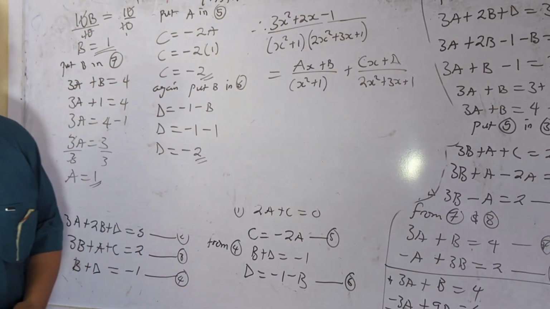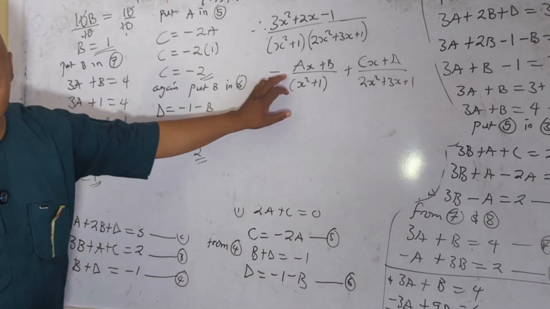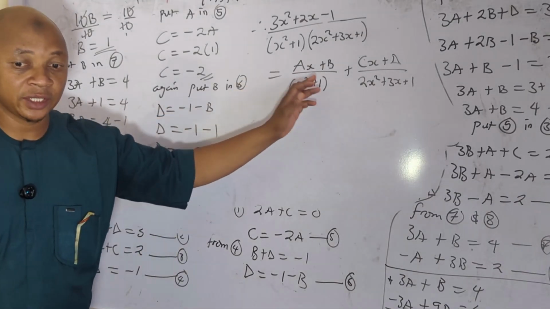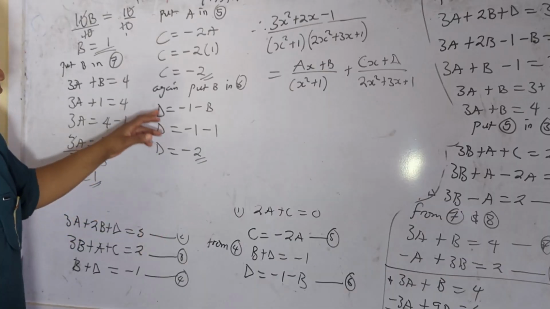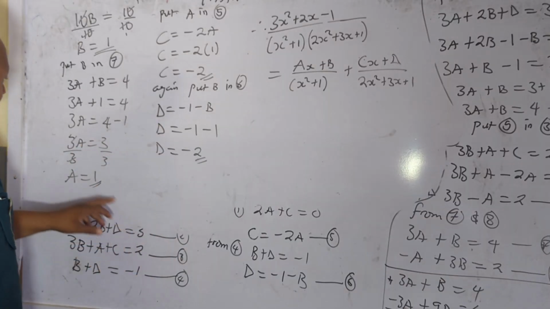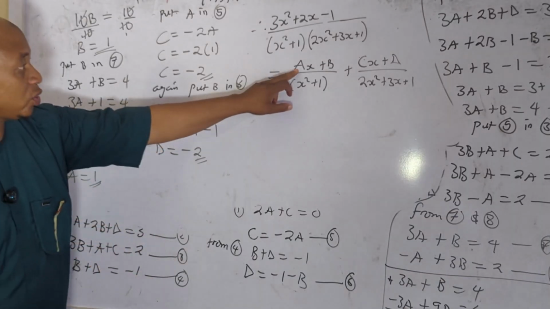So now we are substituting the values of a, b, c and d in this equation. We know the value of a is 1, so put a to be 1 here.